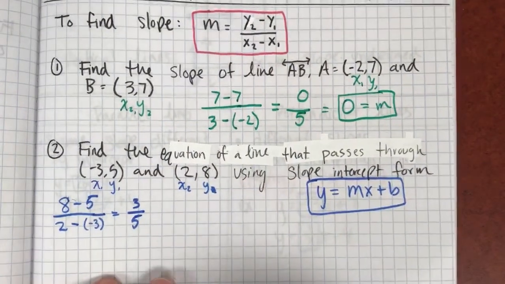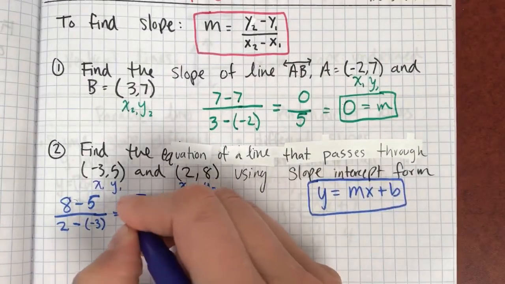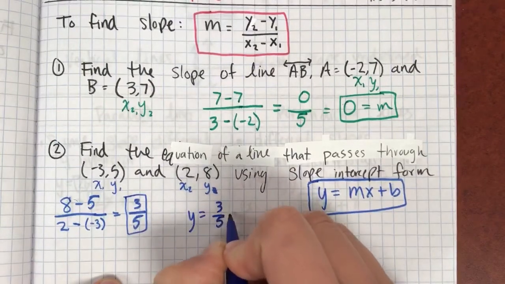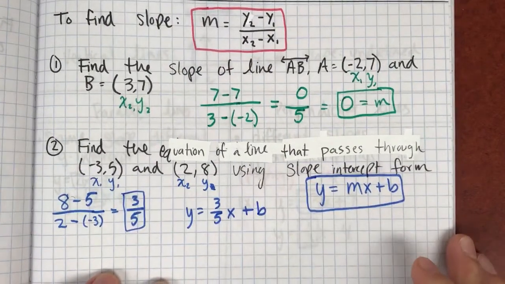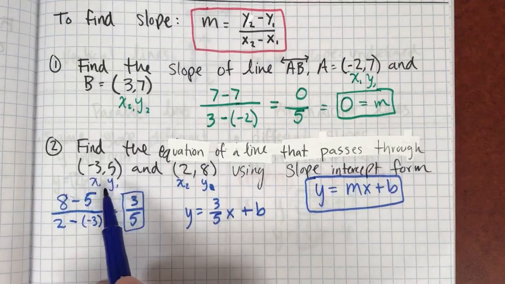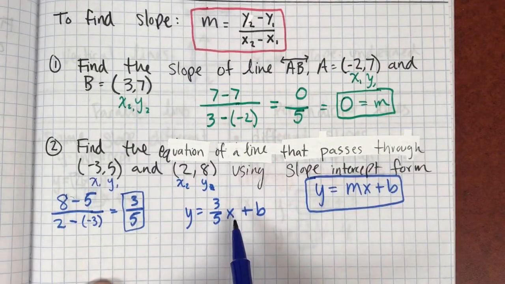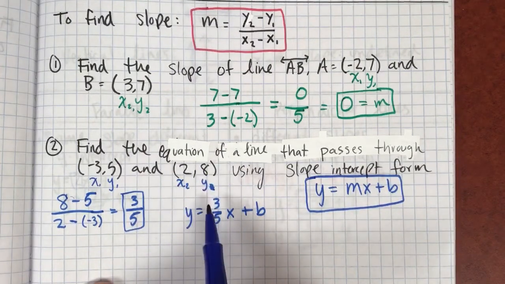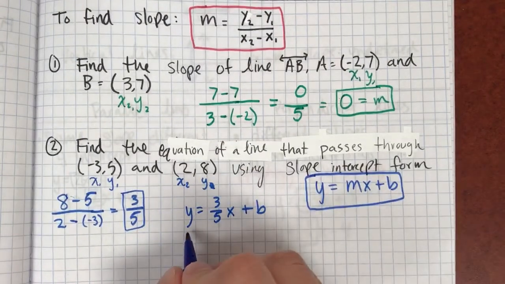Now with our slope-intercept form, we plug in everything that we know. Okay, so we know y equals our slope times x plus b. B is our y-intercept, but we don't know what that is yet. But what we do know are an x and y coordinate to plug in for x and y. Now, it doesn't matter which one you plug in. I like to use ones that have less negatives because that's a little easier to me, but it doesn't matter which one you do.